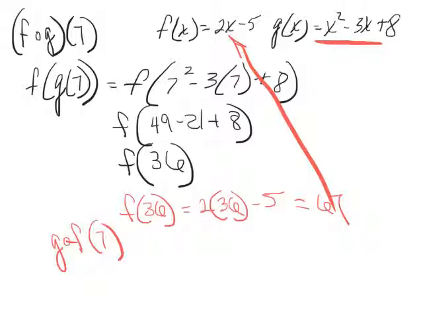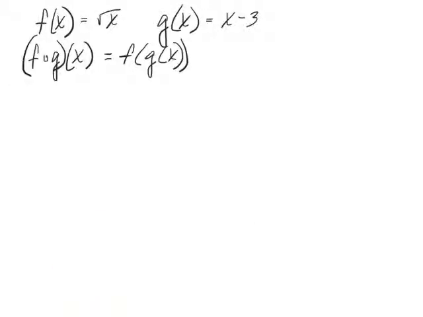Alright, so let's jump up to example 6, top of page 141. Okay, so there's what we're looking for. We're looking for this composite right here. So I rewrote it as that, and then what I'm going to do is continue solving it. So g of x I have right here, and I say that it's equal to that.